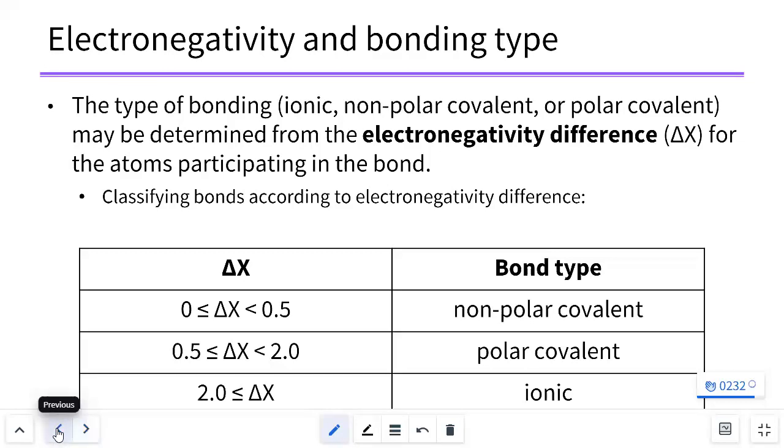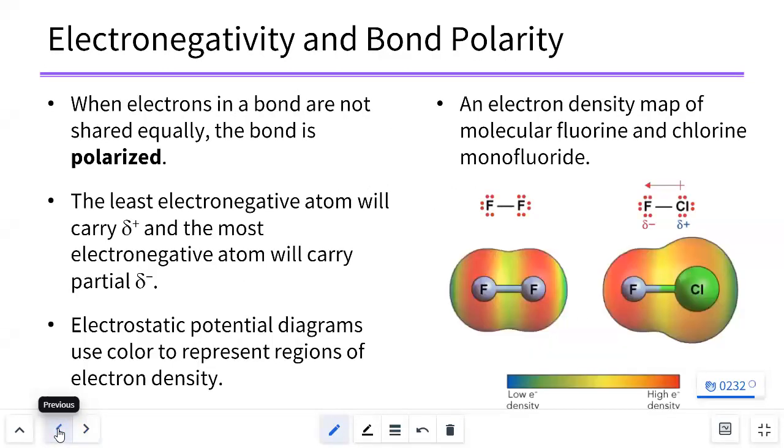Now, we can use color maps like these to help show some of that electronegativity difference, some of that polarity. So here we have fluorine. This is a homonuclear bond. We've got the same element on both sides of that bond. What do we see here?